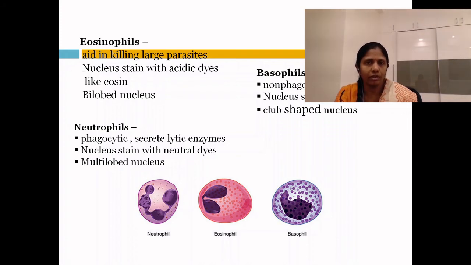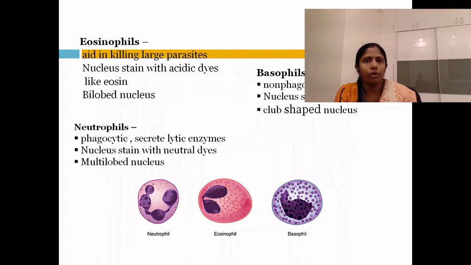So, the eosinophils surround these larger parasites and release pharmacologically active substances which can damage and eliminate the parasites. Eosinophils are so called because their granules stain with acidic dyes like eosin. This is an important character by which eosinophils are identified on a slide. Eosinophils are also characterized by the presence of a bilobed nucleus.